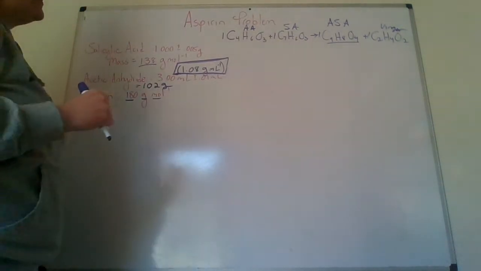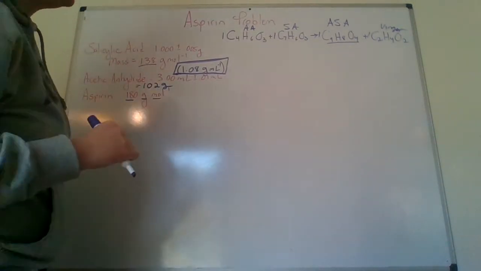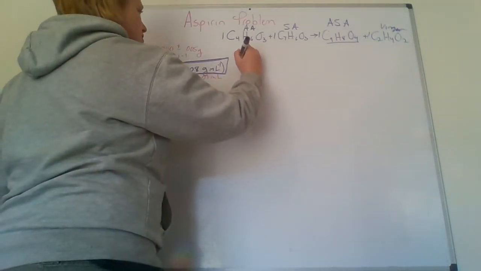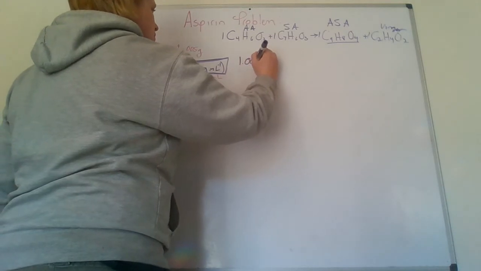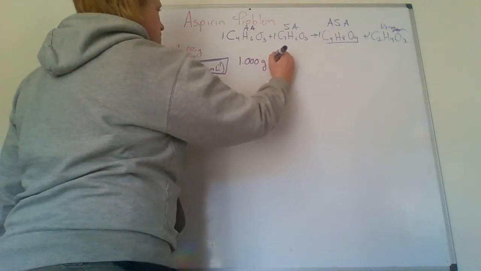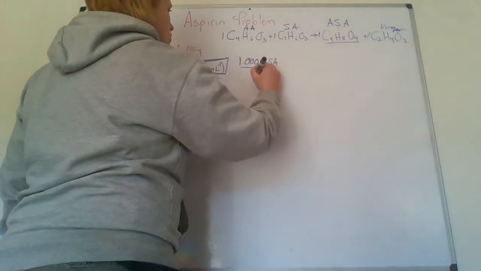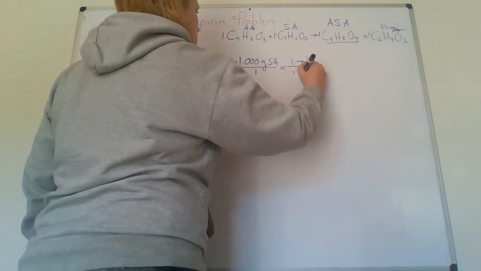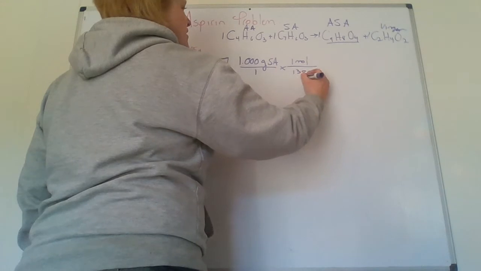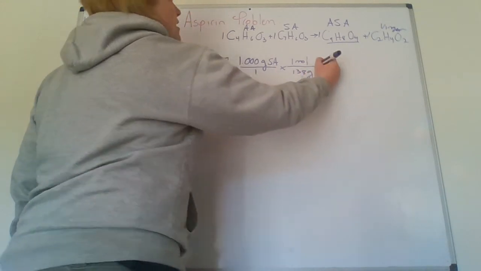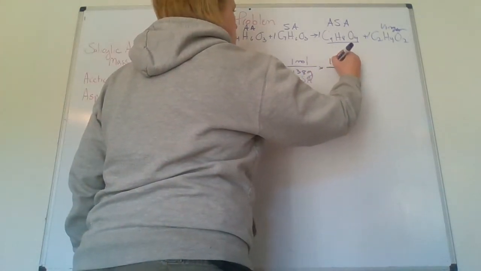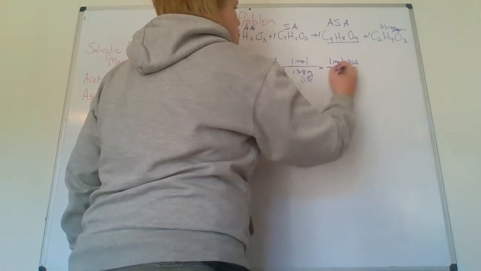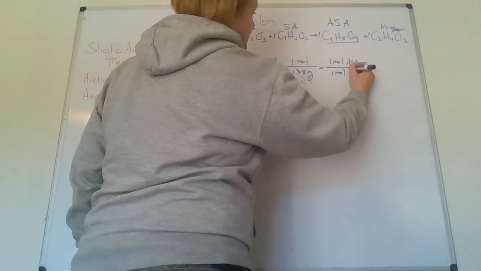So next step is to figure out the theoretical yield. What I've got going on here is I'm going to start with salicylic acid. So 1.00 grams of salicylic acid over 1, times 1 mole is 138 grams SA, times 1 mole of ASA, aspirin, to 1 mole of SA.